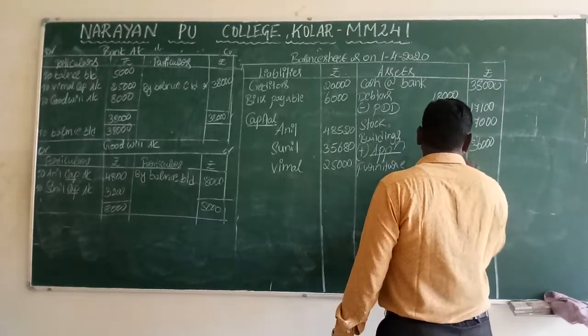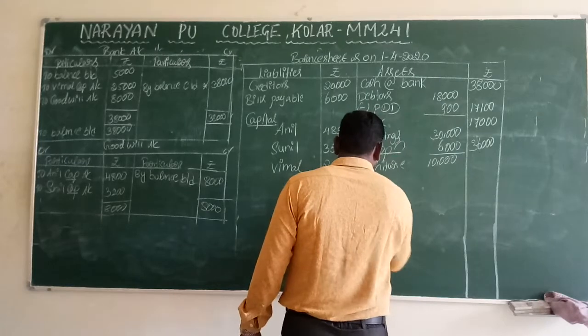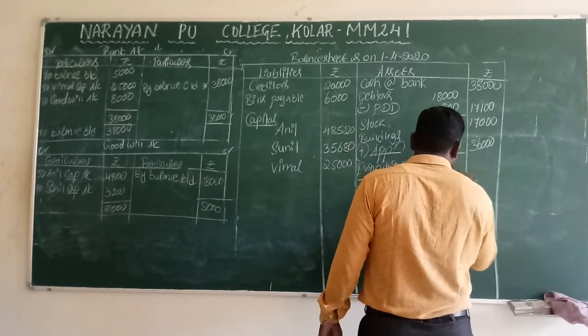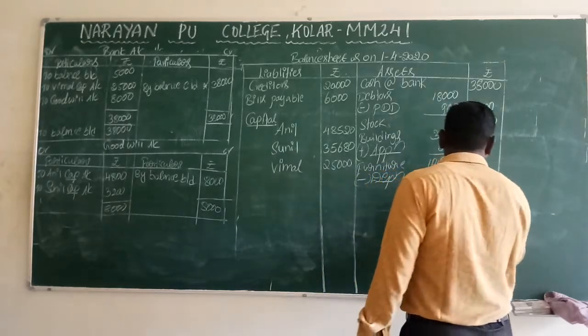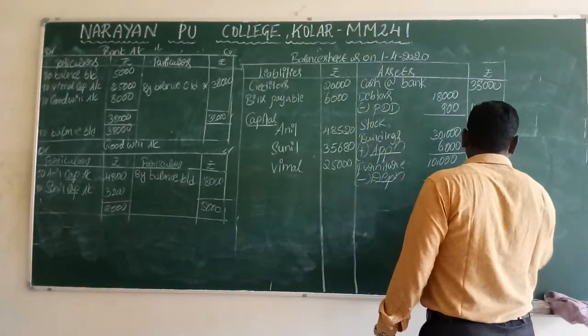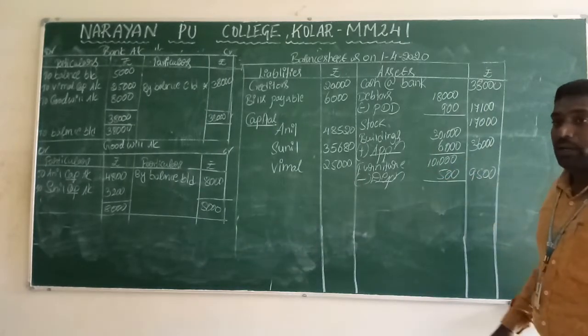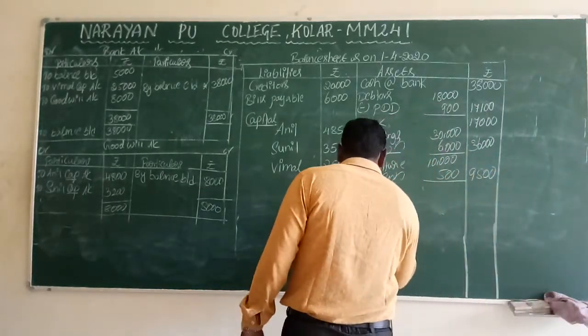For this, there is depreciation, minus depreciation 500 rupees. 10,000 minus 500, we get 9,500 as the total value of the asset. And finally, machinery.